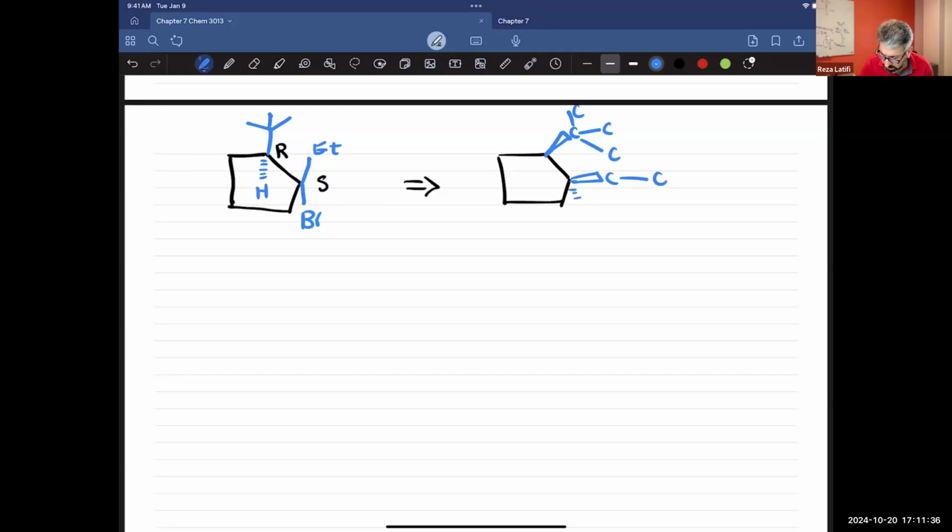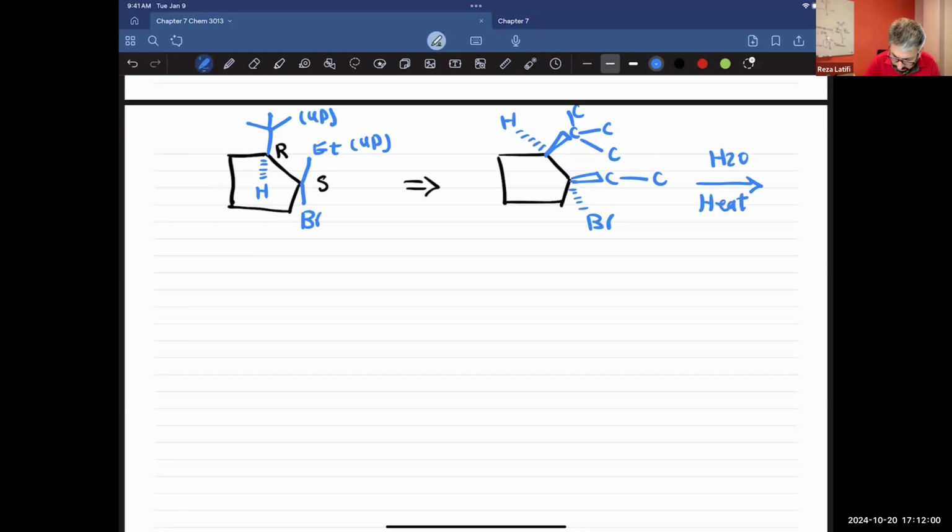And the bromide is down here, and hydrogen is there. So you can say this one is up, and that one is also up. Now, let's treat them with, for example, H2O and heat, and see what will happen.